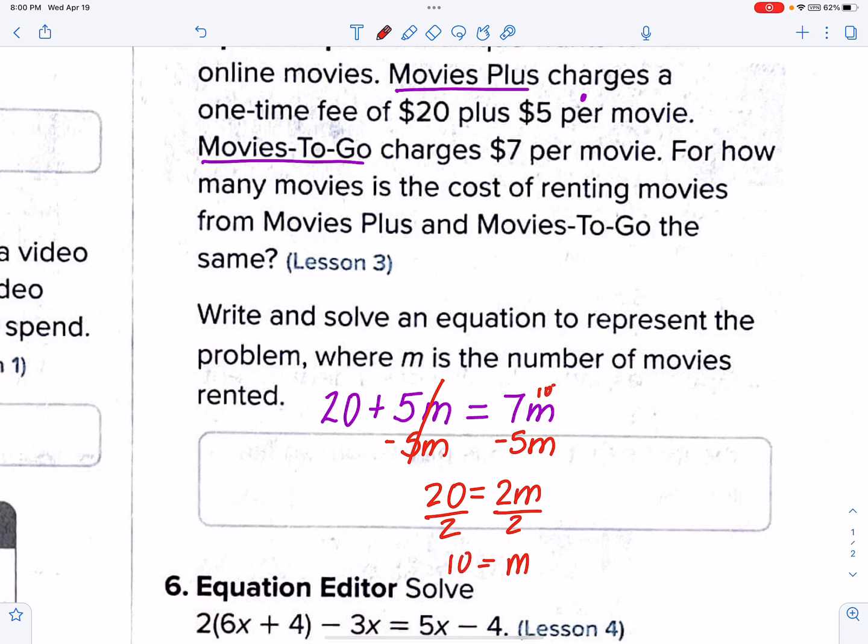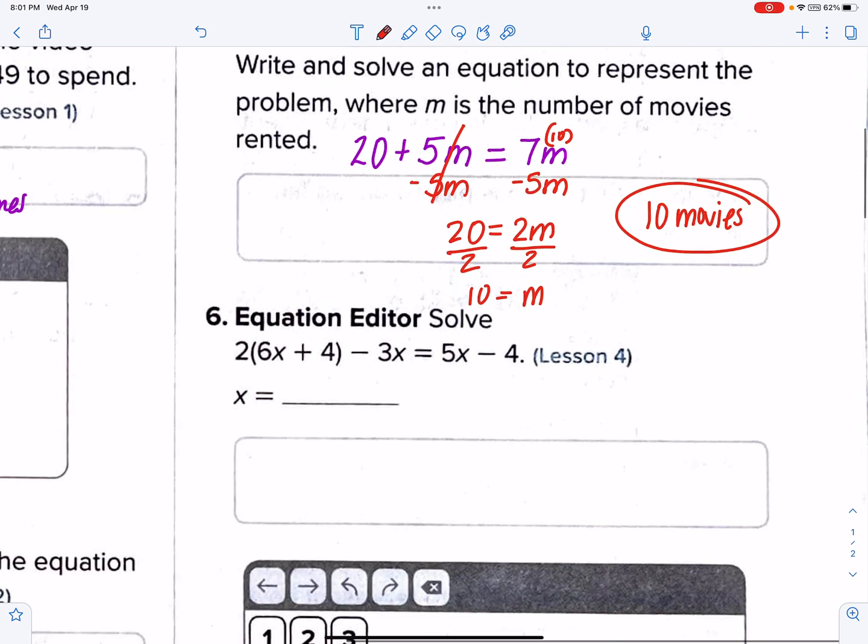If M equals 10 and I plug that in, I have 70 on this side. And if M equals 10 on this side, 10 times 5 is 50 plus 20 is 70. So if M is the number of movies rented, how many can I rent where they're the same? 10 movies. Okay. All right, next one.